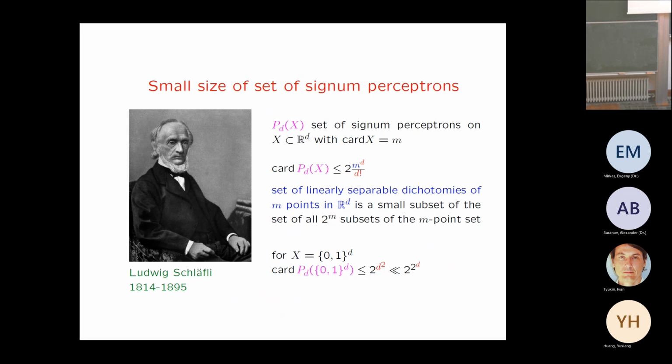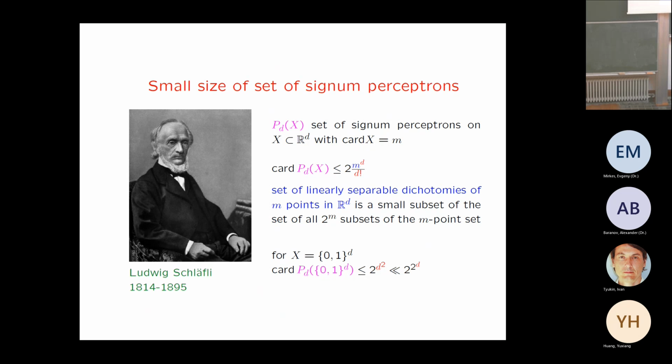As you see, here is the formula, already going back to Schläfli. This P_d is the set of signum perceptrons, if you like, or the set of all characteristic functions of half spaces, those that are separated by a hyperplane. And we see that it grows with m, the number of points, only polynomially, where d is the degree. So points are in d-dimensional space, there are m of them, and all subsets of m points is 2 to the m, so it's much, much more.